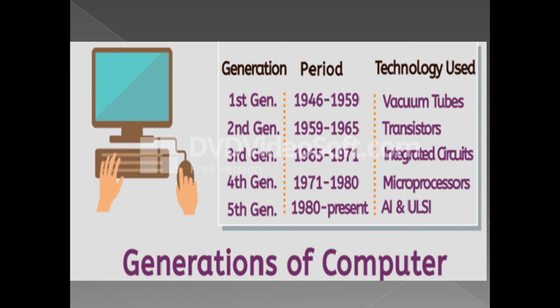AI means artificial intelligence. And see this period: in some of the books, the periods are given differently. If you search on the internet, you might also find different ones, and it doesn't matter. Okay. So these are the generations of computers. So this much for today.